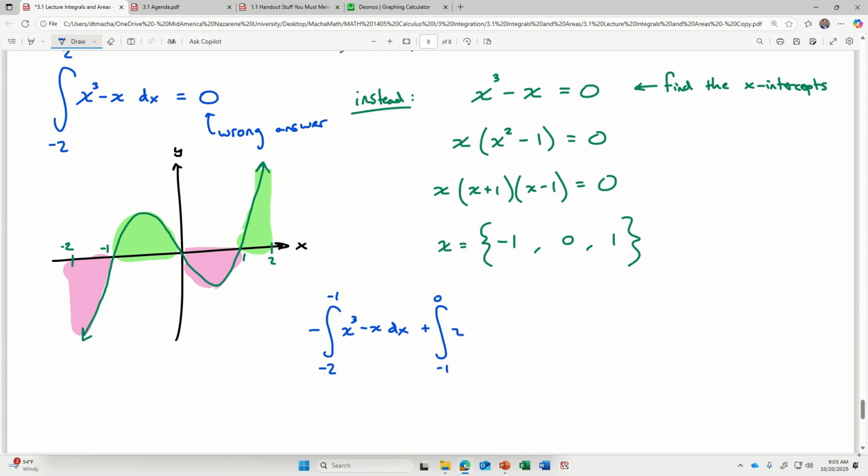And so I'm going to leave that as positive. And then I'm going to take the integral from 0 to 1, but that's going to give me a negative number because it's area below the x-axis. So I'm going to make that a minus in order to make the negative into a positive. And then lastly, I'm going to take the integral from 1 to 2, because that's going to be positive area above the axis.